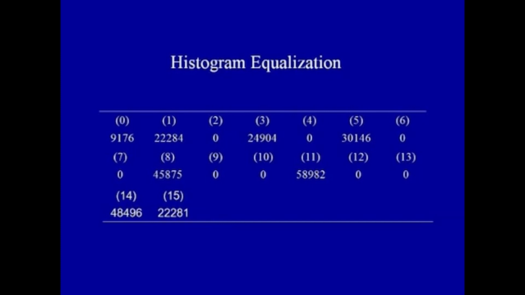Similarly, when we examine brightness value 1 in the new adjusted LUT, we find that it now consists of more than 22,284 points, whereas the original histogram contained only 2,622, which means there has been a significant amount of information change.